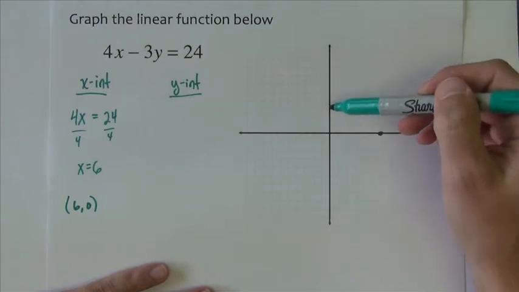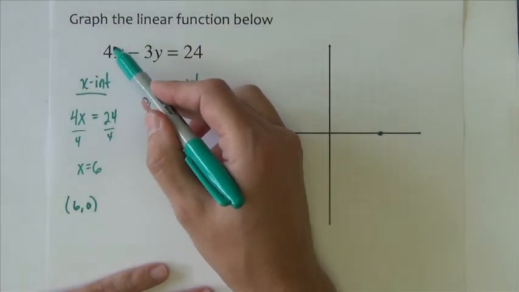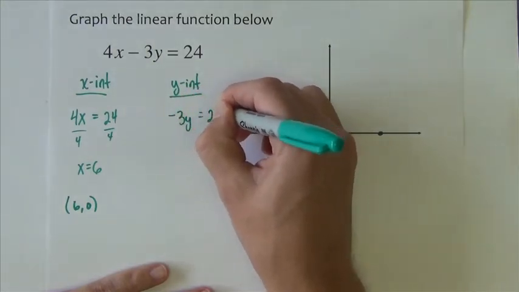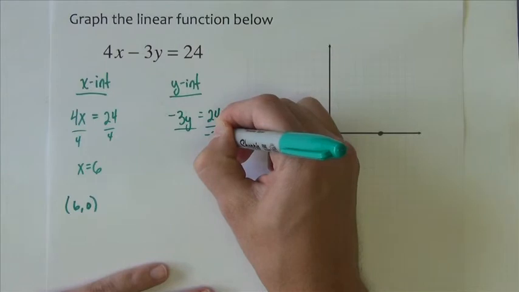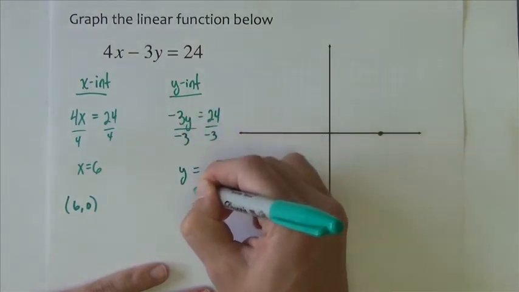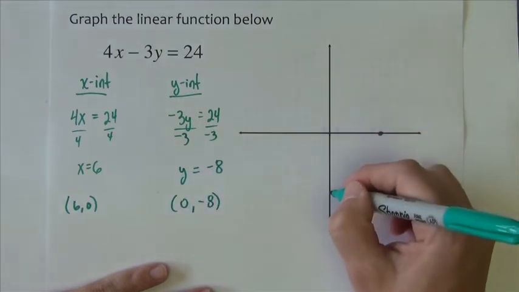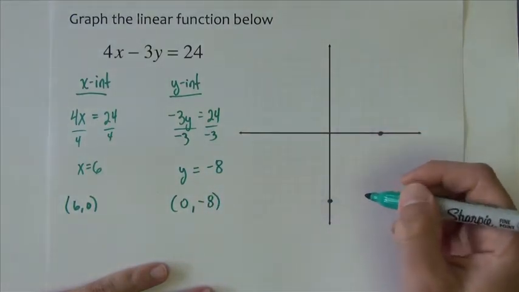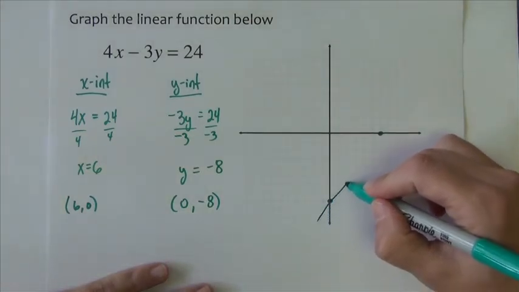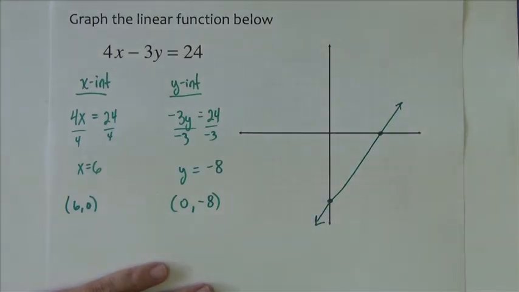Every point on the y-axis has in common that the x is 0. So if I take that away, I have -3y equals 24. Divide by -3, and y is -8. The y-intercept is (0, -8). Put that point on our graph, and all we need is 2 points, so we can connect those 2 points with a line. And done.